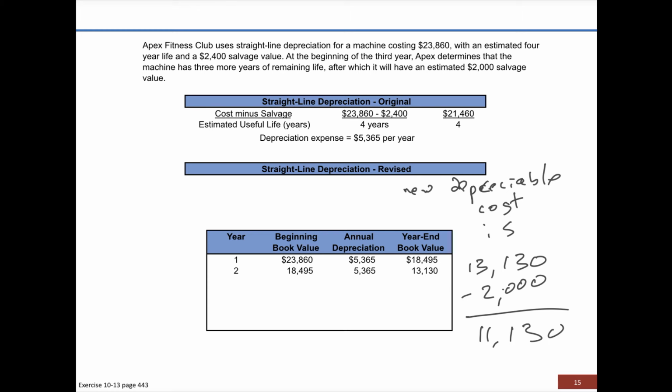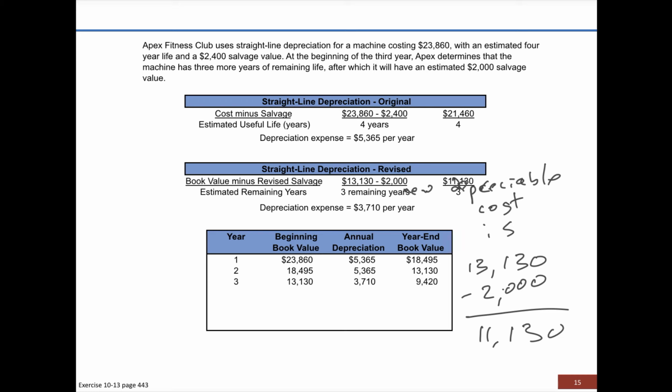And so 11,130 divided by 3 gives you the amount that we're going to recognize over the final 3 years here. So 11,130 divided by 3 gives us 3,710 per year. And so that's what we would recognize these last 3 years.